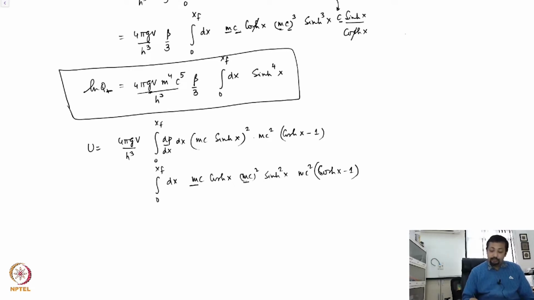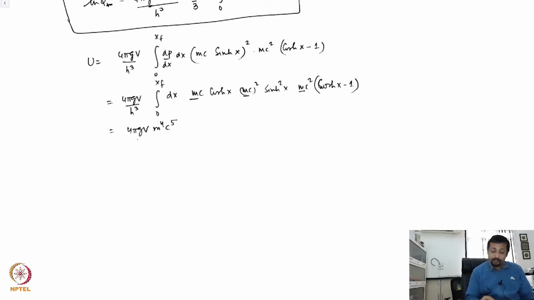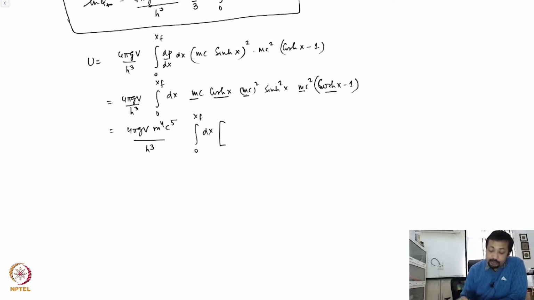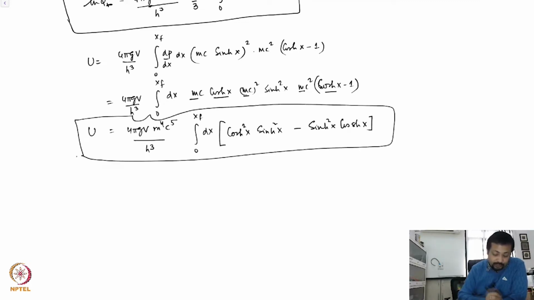One factor of m here, two factors of m here, so cube, 4. So you're going to have 4 pi gv m4 c5, the same factor, over h cube, integral 0 to xf dx. Now cosh x times cosh x gives you cosh square x sinh square x, and then you are going to have minus sinh square x cosh x. So this is the internal energy of this gas.